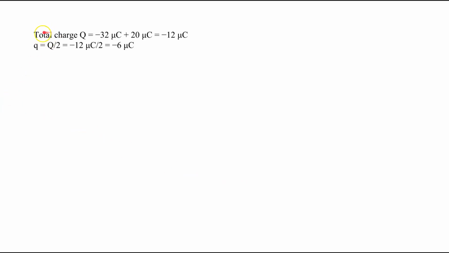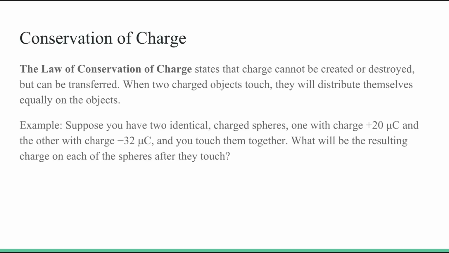So what you want to do is find the total charge Q. That's the net charge. You have positive 20 microcoulombs of charge, but you also have a negative 32 microcoulombs of charge. So to find the total charge Q, you just add them together and you'll get negative 12 microcoulombs.